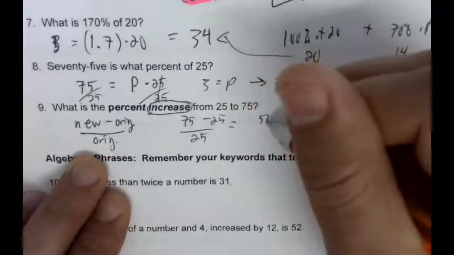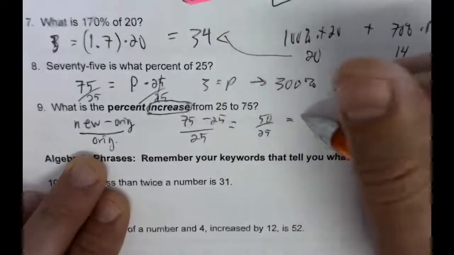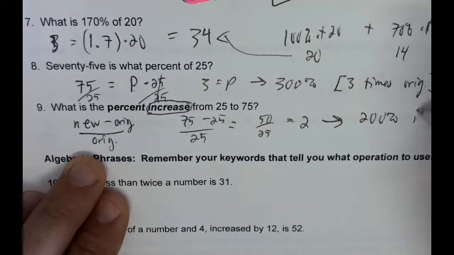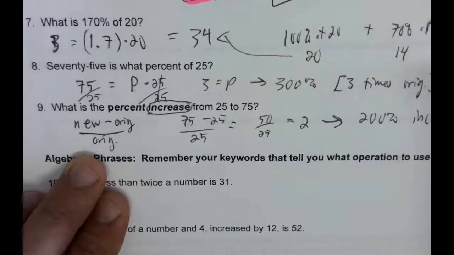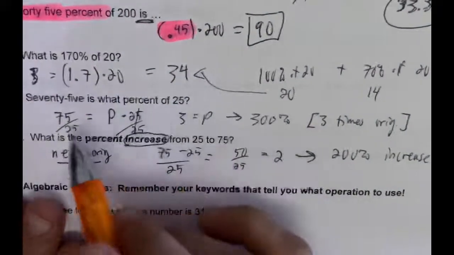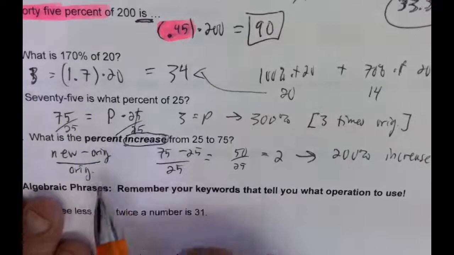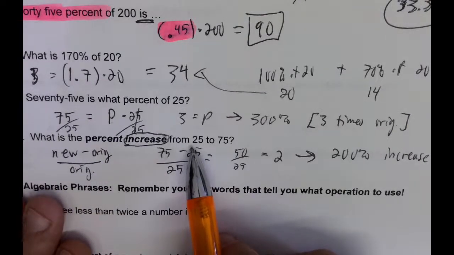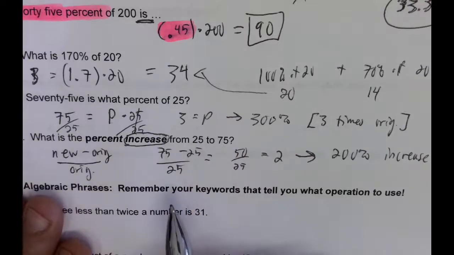That's going to give us 50 over 25, or 2. 2 represents a 200% increase. Now, what's the difference in these two problems? Here, I'm saying 75 is 300% of 25. Here, we're saying we're going to add 200% to 25 to get 75.